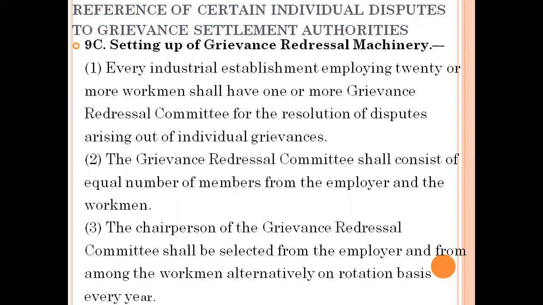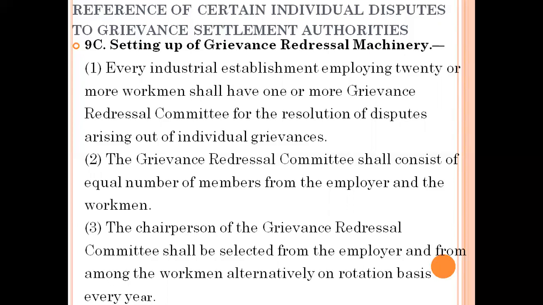According to section 9C, setting up of grievance redressal machinery. Every industrial establishment employing 20 or more workmen shall have one or more grievance redressal committee for the resolution of industrial disputes arising out of individual grievances.